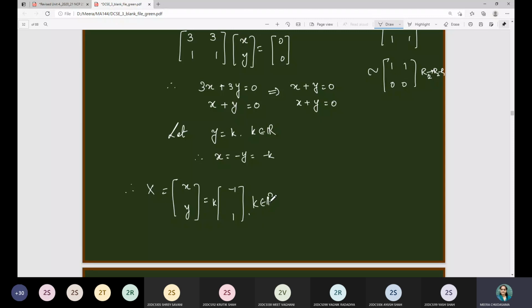And of course I have to choose k from R minus 0, because 0 will give you the 0 matrix, and the eigenvector we are choosing has to be non-zero. So we will choose our k from R minus 0.